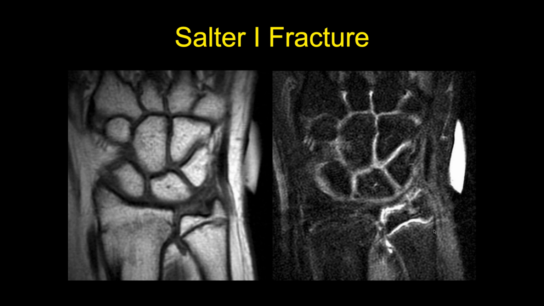Fortunately, they have a pretty good prognosis, but there's a little bit of irregularity here, which makes you concerned that this could be injured. This is where the pain was. We can see you're already having loss of the fusion here in the radius, but you shouldn't at this stage see this much fluid going all the way along the growth plate, with a little fluid escaping at the margin. So this is a typical Salter-Harris 1.